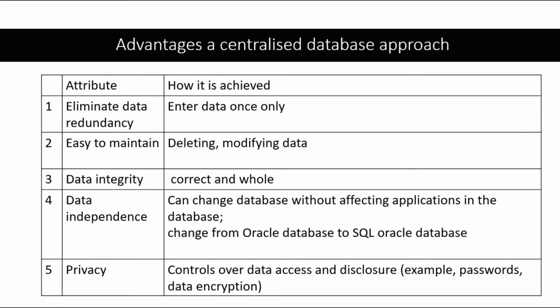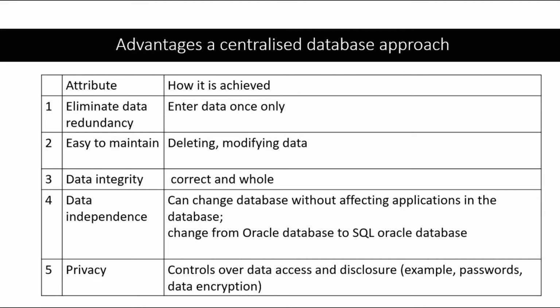Third, there's data integrity, because it's more correct and holistic. Fourth, data are independent. It can change the database without affecting applications, as we previously talked about. We can change from an Oracle database to a SQL database, and still the data are intact.